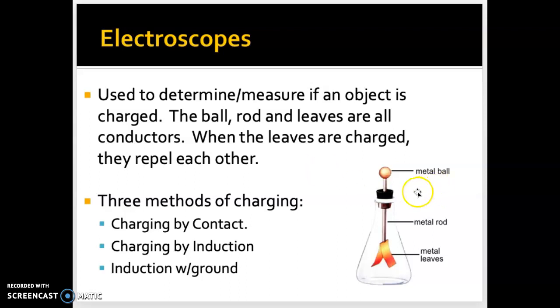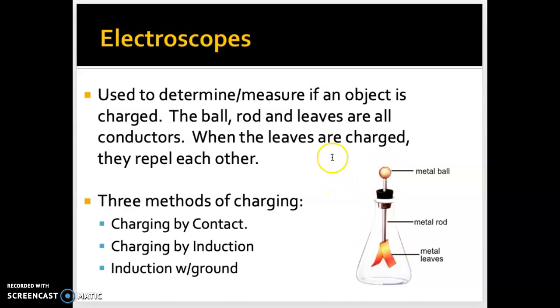This is an old device for determining whether something is charged, and I think they even used it to determine radioactivity as well. But if they touch this ball to something and it got charge on it, this is all conductor, all metal, then the two metal leaves would have the same charge. Maybe let's say it all gets positively charged.